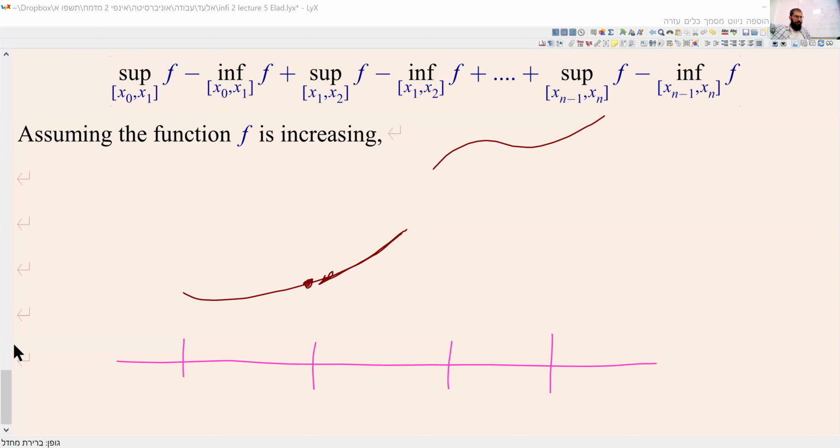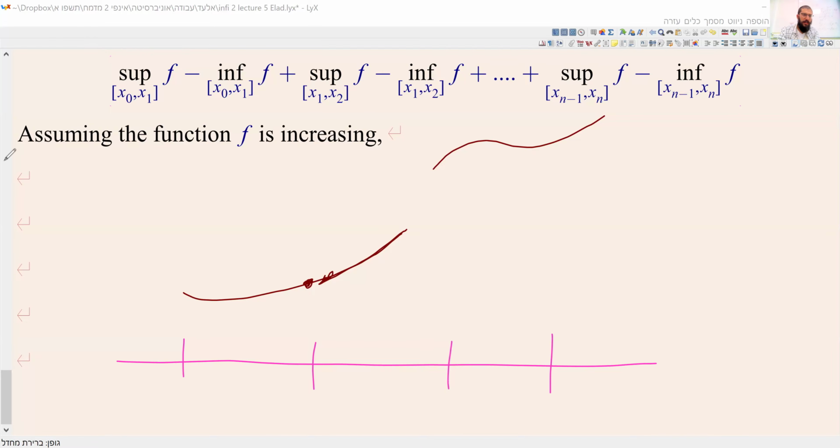All the values in segment 2 are larger than all the values of f in segment 1, which means specifically the inf of f in segment 2 is greater or equals the sup of f in segment 1.